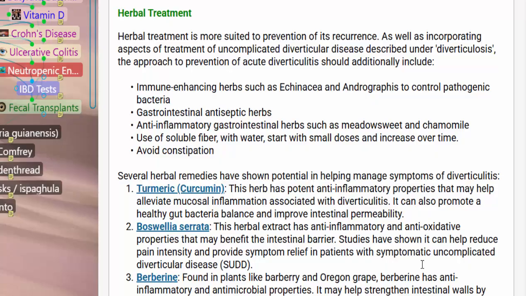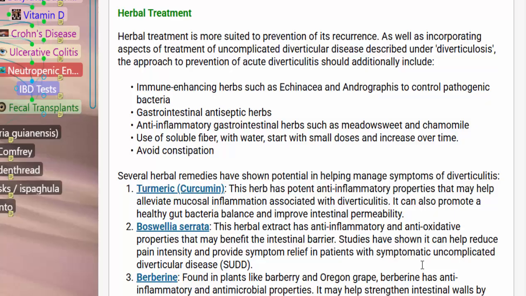Herbs are going to be more suited to prevention of its recurrence, as well as incorporating aspects of treatment of uncomplicated diverticular disease described under diverticulosis. The approach to prevention of acute diverticulitis should additionally include immune-enhancing herbs like echinacea and andrographis to control pathogenic bacteria.